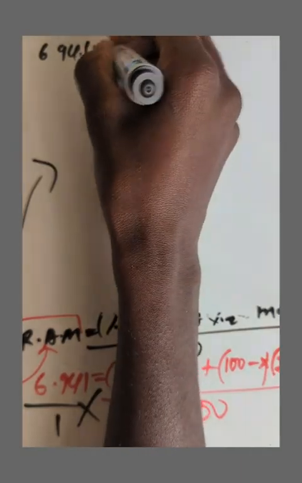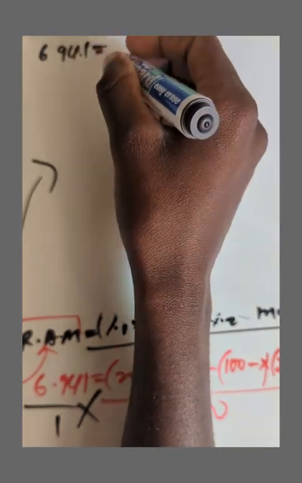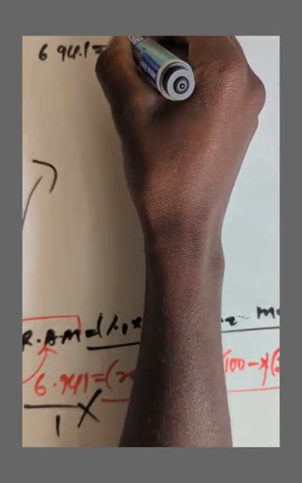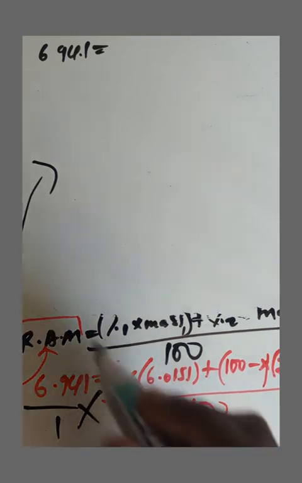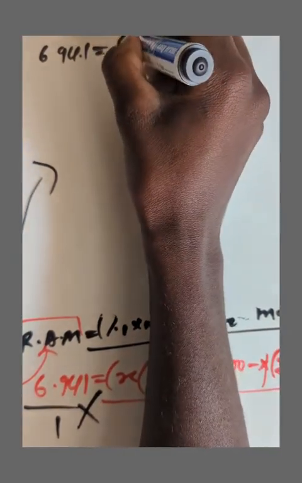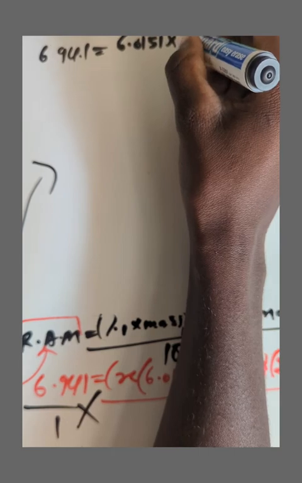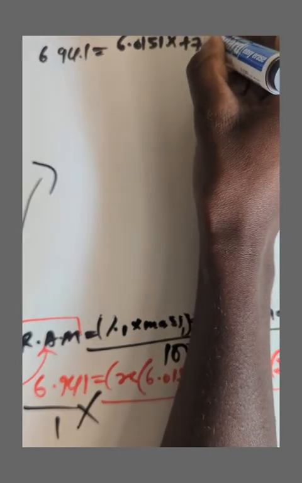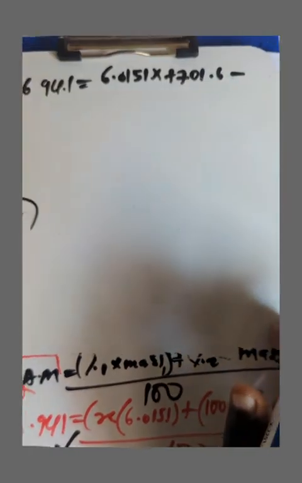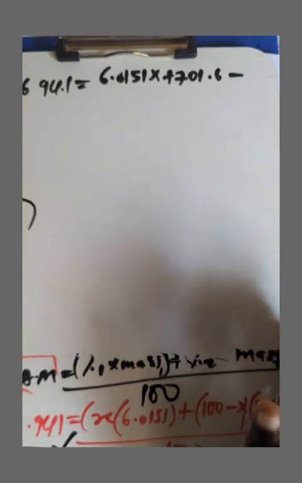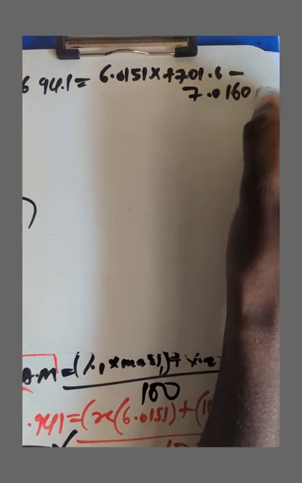Then when you expand the expression on our right hand side, we get 6.0151x plus 701.6, then minus 7.0160x.